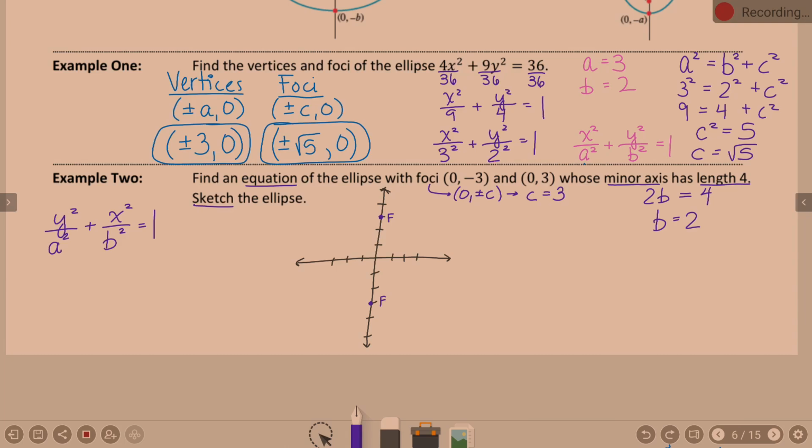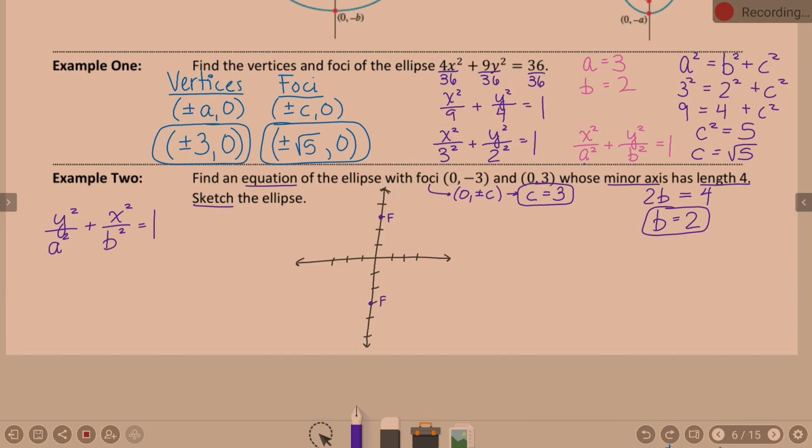So far, so good? So I know that C is 3. I know that B is 2. Now, if you look at the picture up by your chart, this is what Logan was talking about a moment ago, a minor axis having length of 4 or having a B value of 2. The foci are on your major axis. Your minor axis is the one that goes the other way.